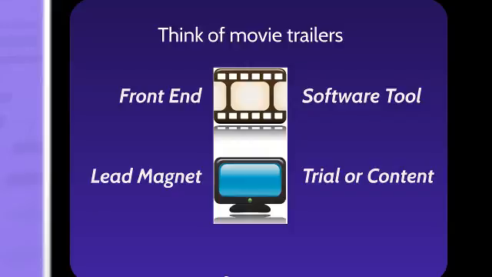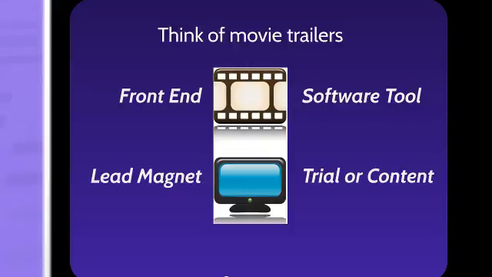Or the lead magnet could be a piece of content, a report, a video that shows the top 5 tools to use, and maybe one of those 5 tools is your software tool. Essentially we're taking a piece of the whole that is interesting and intriguing to make them want more. That's really what it's all about.